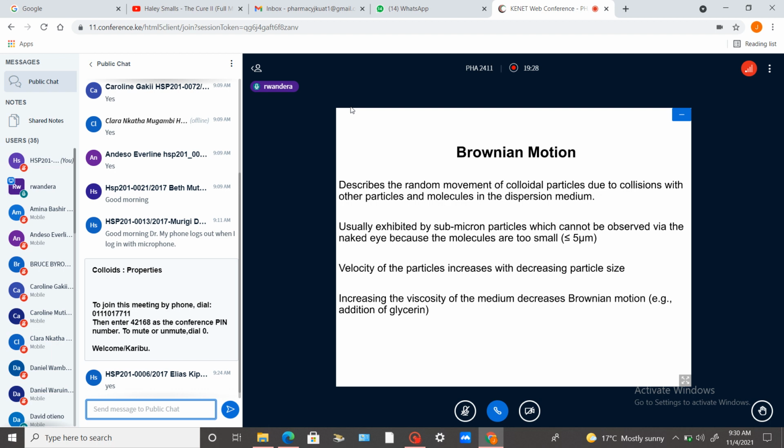Now the velocity of your particles will depend on the particle size of your colloidal dispersion. The Brownian motions will tend to be more rapid because of the high velocity.